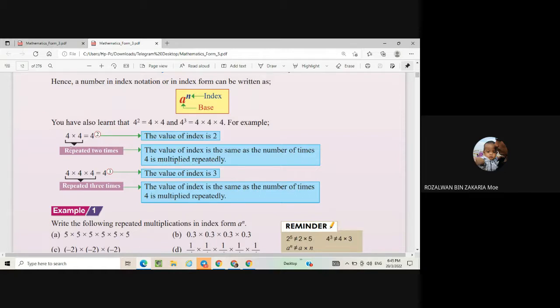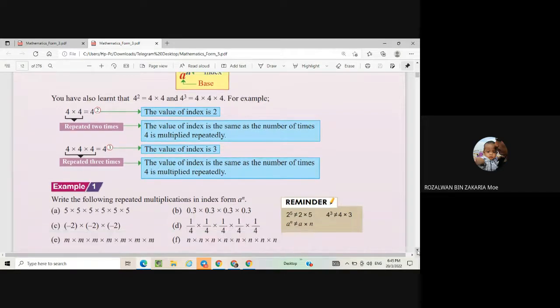Here 4 is multiplied 2 times, that's why the index equals 2. Same here, 4 times 4 times 4 equals 4 power of 3, so the value of the index is 3 because 4 is multiplied by itself 3 times. So the value of the index is the same as the number of times 4 is multiplied repeatedly.